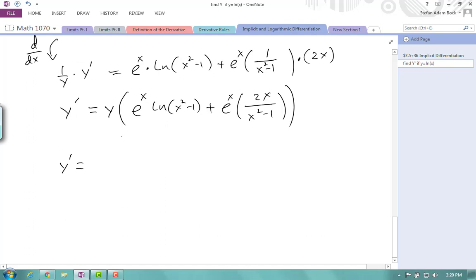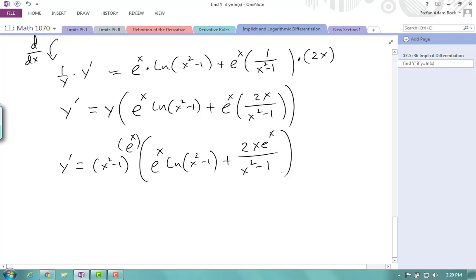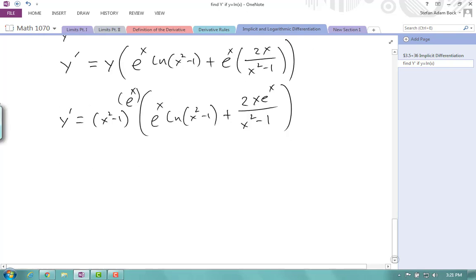So y prime equals x squared minus 1 to the power of e to the x, times parentheses, e to the x natural log of x squared minus 1, plus, I can simplify this a little bit more, 2x e to the x over x squared minus 1. So those are possible now.